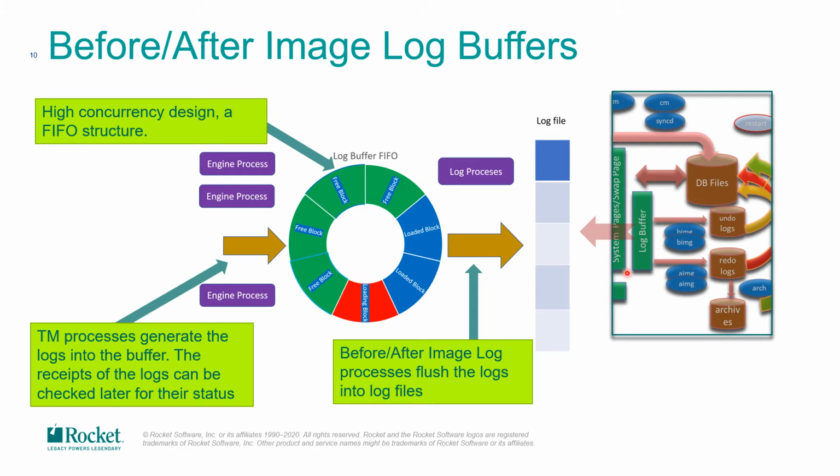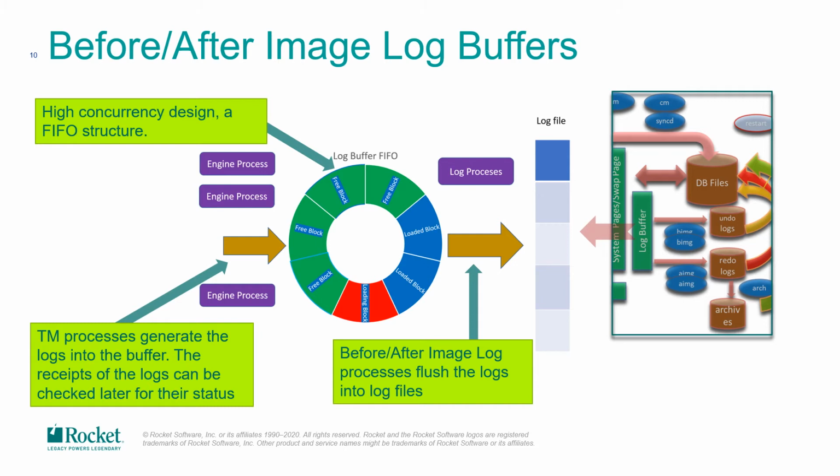The log buffer for before image and after image log is located here. If we go into the detailed structure, it is implemented like this. It's a FIFO buffer. So the engine process, when writing a log record, directly organizes the blocks into the final, external format of the log file.